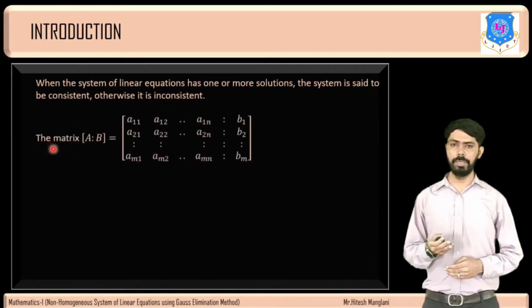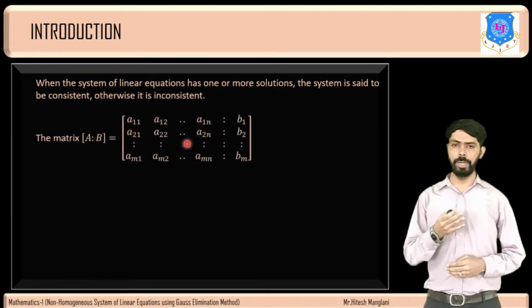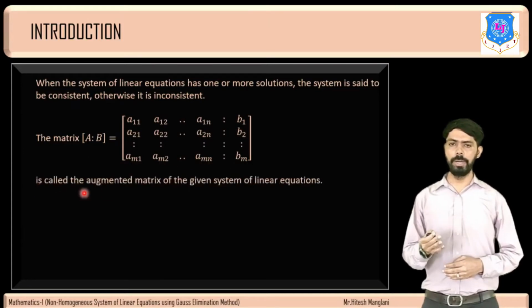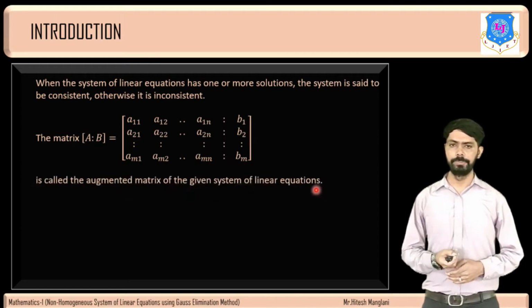So the matrix AB is given by a11, a12 up to a1n, then a21, a22 up to a2n, then am1, am2 up to amn, b1, b2 up to bm. This matrix is called the augmented matrix of the given system of linear equations.